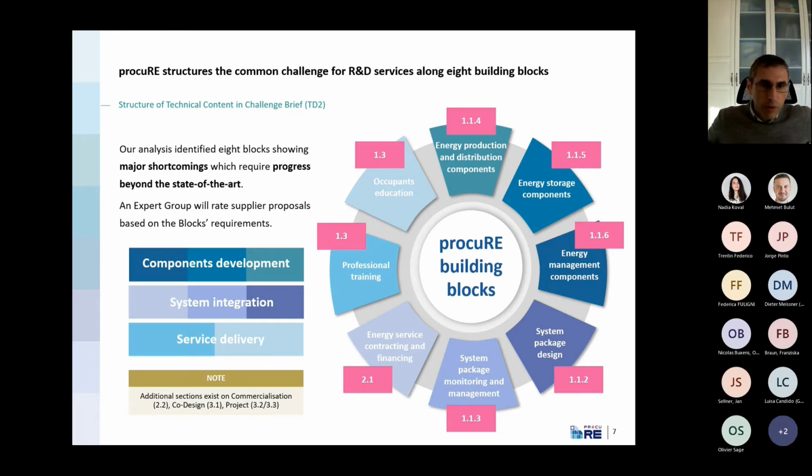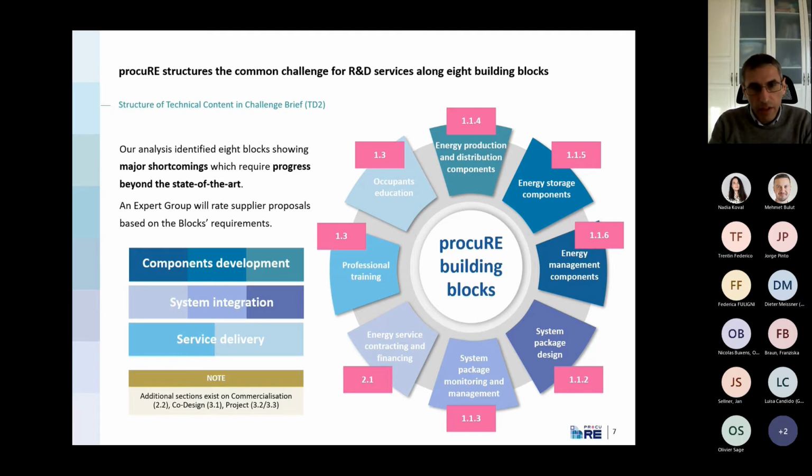Our view, our analysis when we started writing the project is that the retrofit of the buildings in the building sector has some major shortcomings, and we were able to group these shortcomings into what we called procuRE building blocks that you see on the slide.